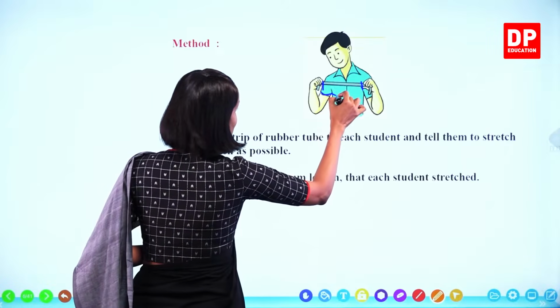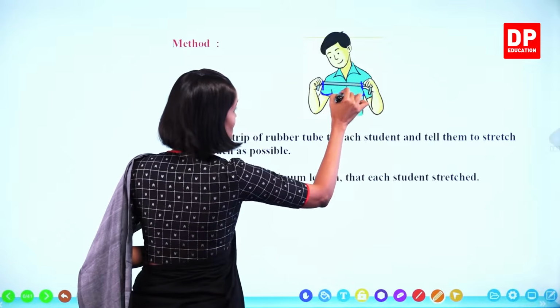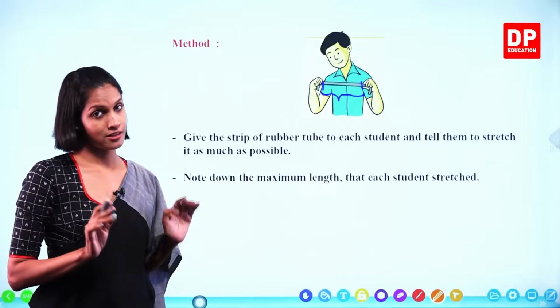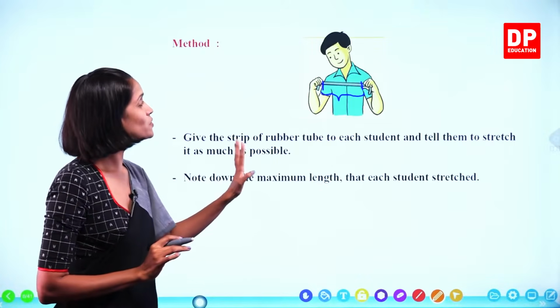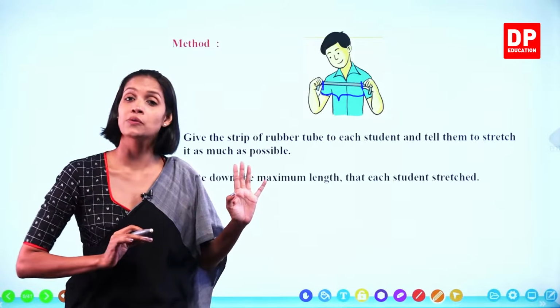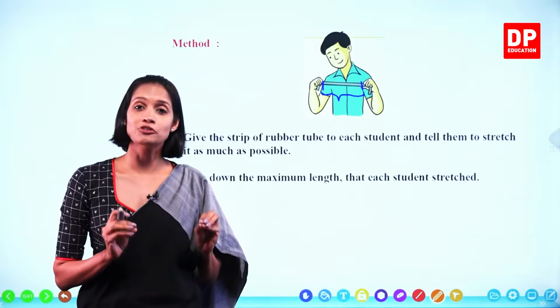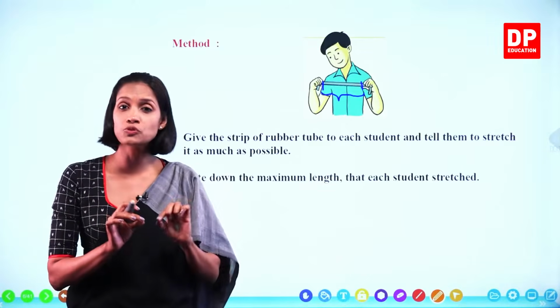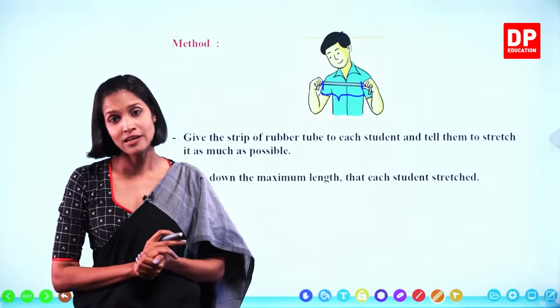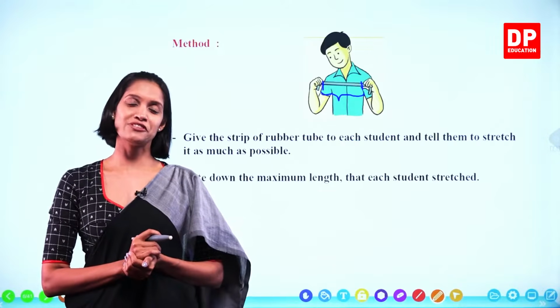So this length you have to measure using the meter ruler, right children? So I'm going to show you this activity. Now in the lab, I'm going to show you how to do this. There I'm going to use two types of bands, okay? Let's go to the lab and see this activity now.